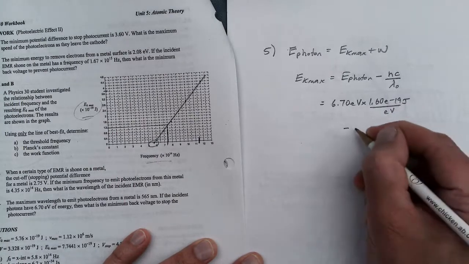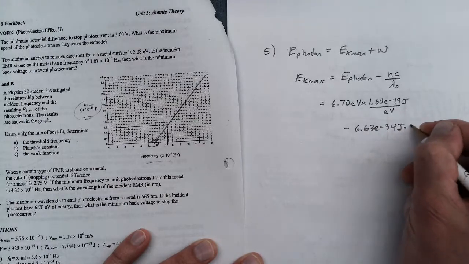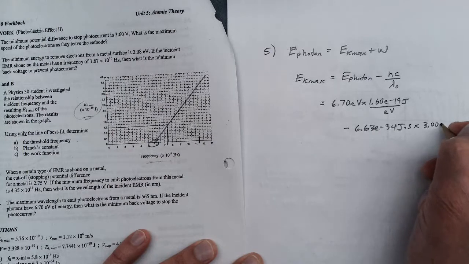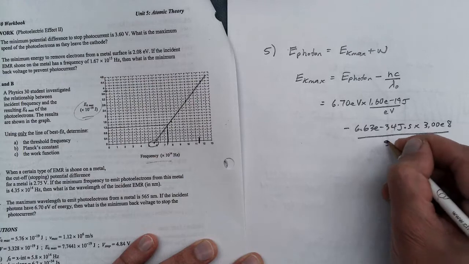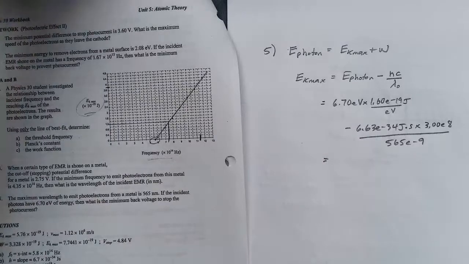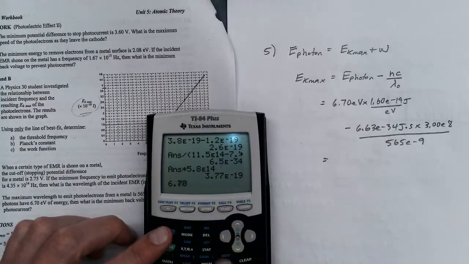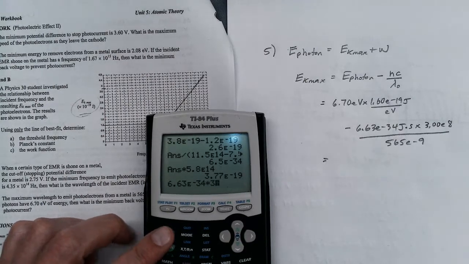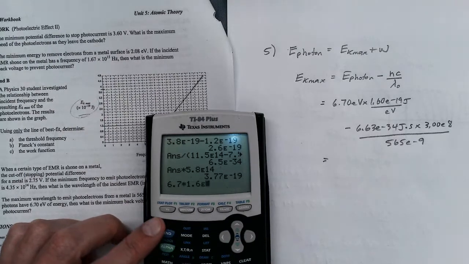Now minus h, we'll do 6.63 E negative 34 joule seconds times 3 E8 divided by that wavelength that's given there, 565 E negative 9. All right, let's do the calculation here. 6.63 exponent negative 34 times 3, oh, pardon me, 6.7 times, what was I doing that? Minus, there we go.